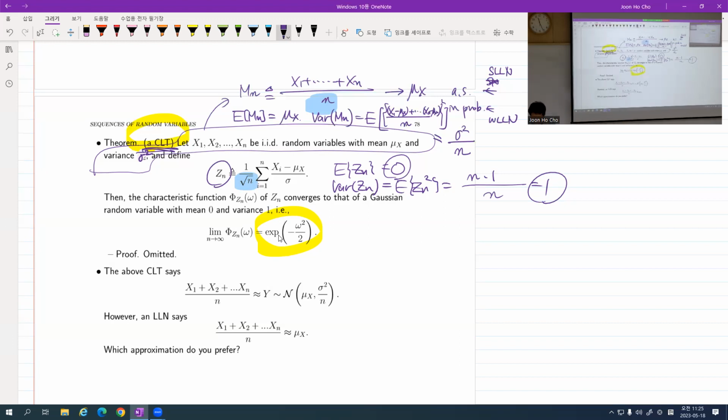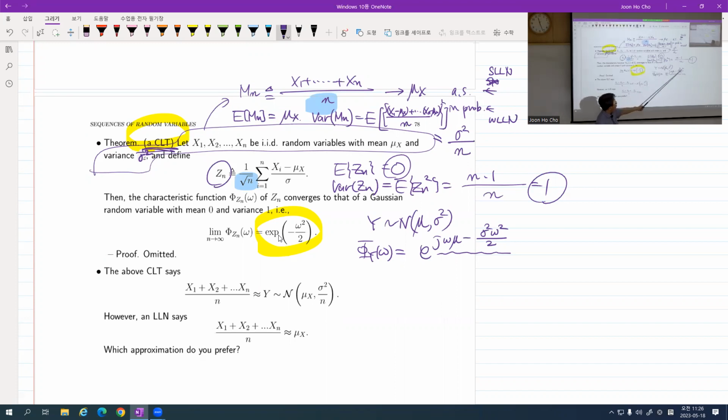Probably you still remember that if some random variable y is a real Gaussian with mean mu and variance sigma squared, what is the characteristic function of this random variable? That is e to the j omega mu minus sigma squared omega squared over 2, right? So this is the exponent. Now, the mean is 0, which means that the j times something disappears.